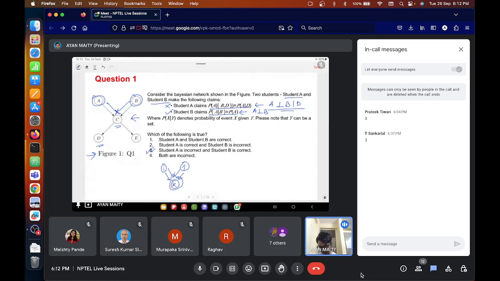So that's why the first claim is not right, the second claim is right. That's why option 3 would be the correct answer.